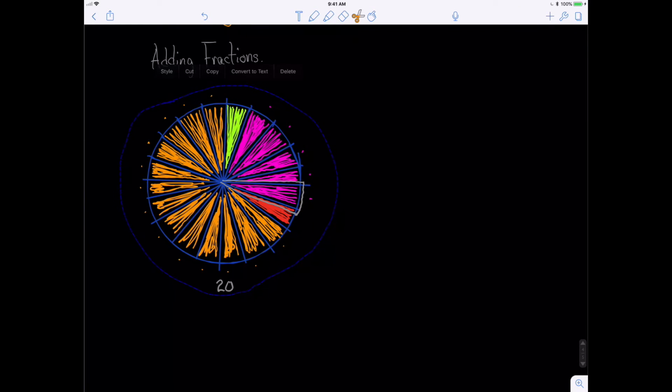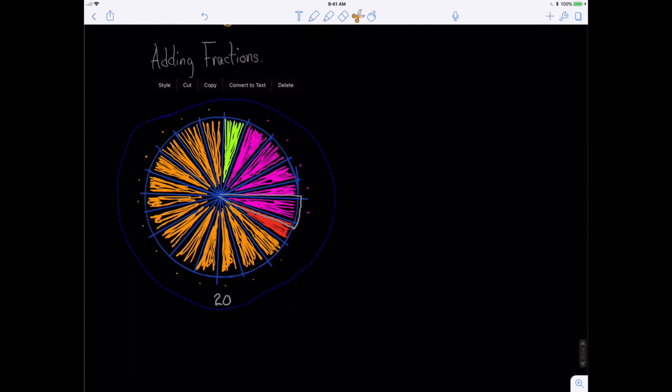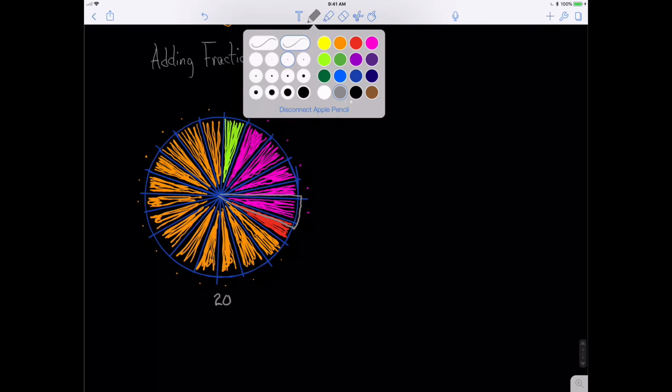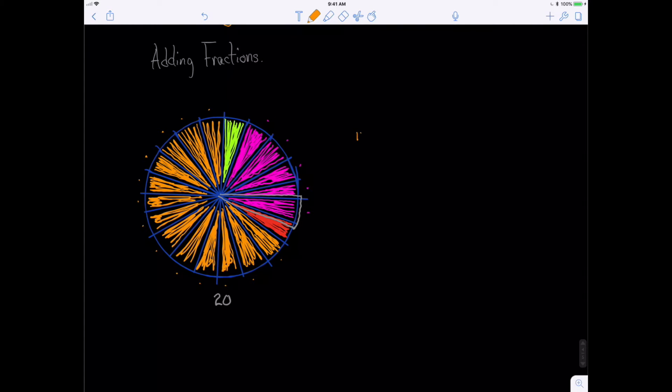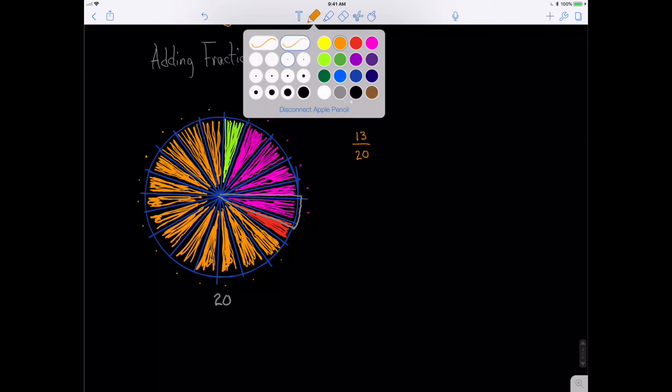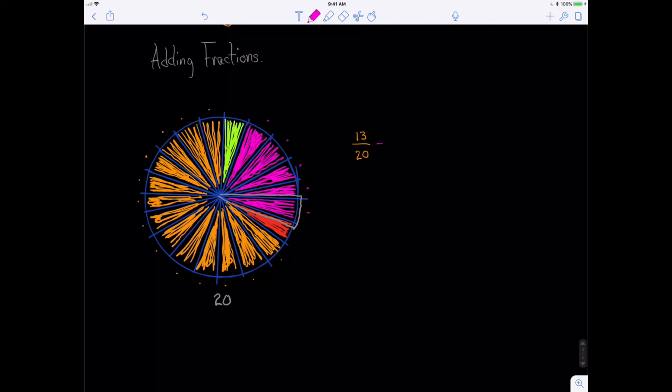Now, notice this. I have 13 out of 20 pieces that are orange. Okay, then I also have these pink ones, and I'm going to add them to that.